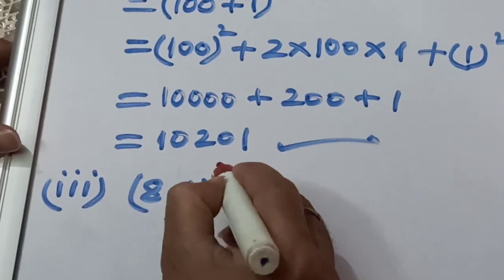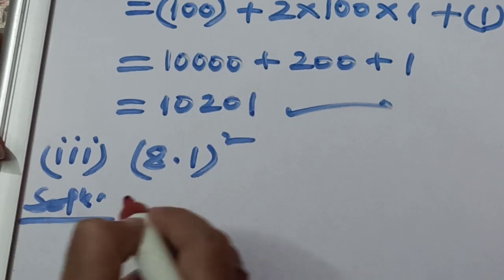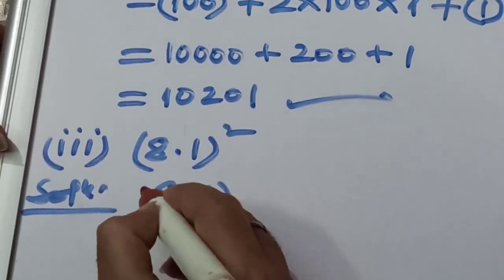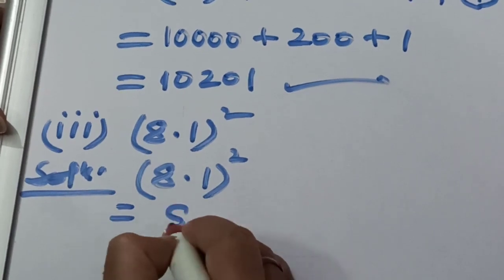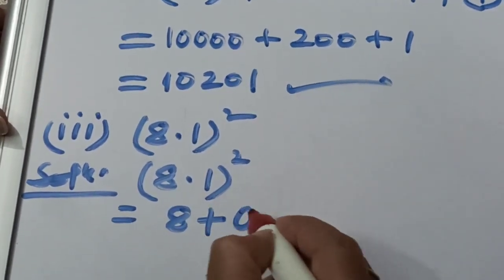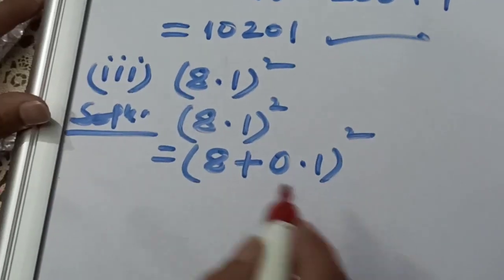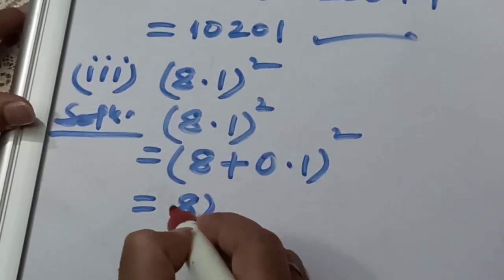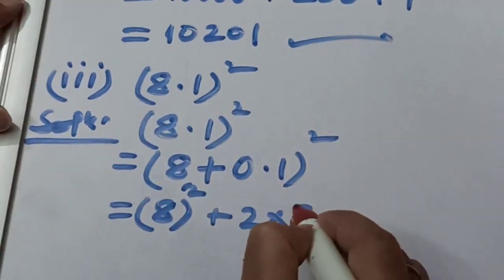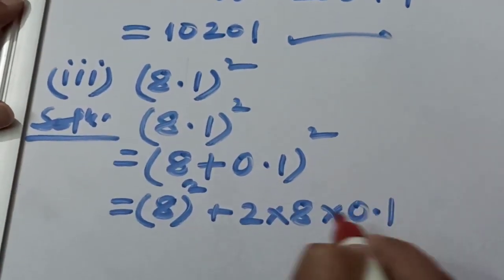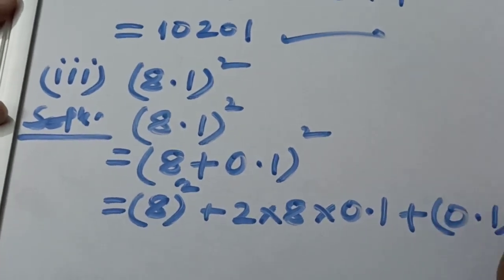Next question number 3: (8.1) whole square. See carefully. You will make (8 plus 0.1) whole square. A plus B whole square, that is A square plus 2 into A into B, 2AB, plus B square.